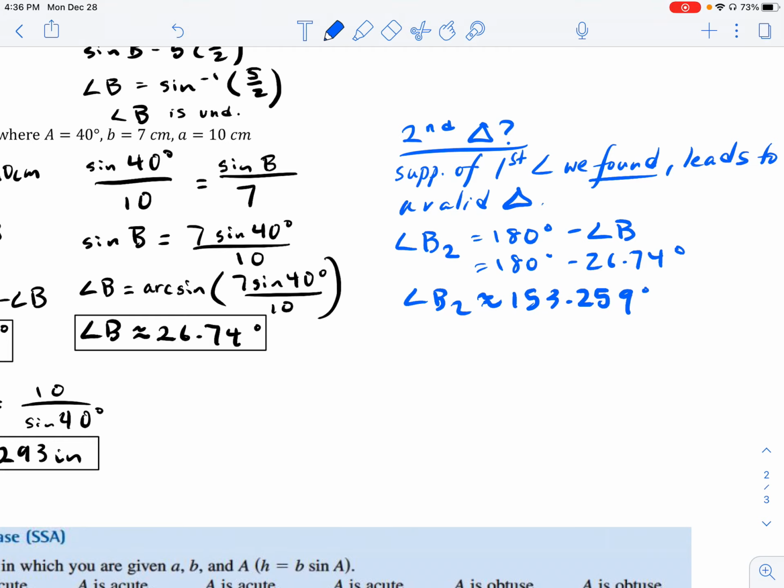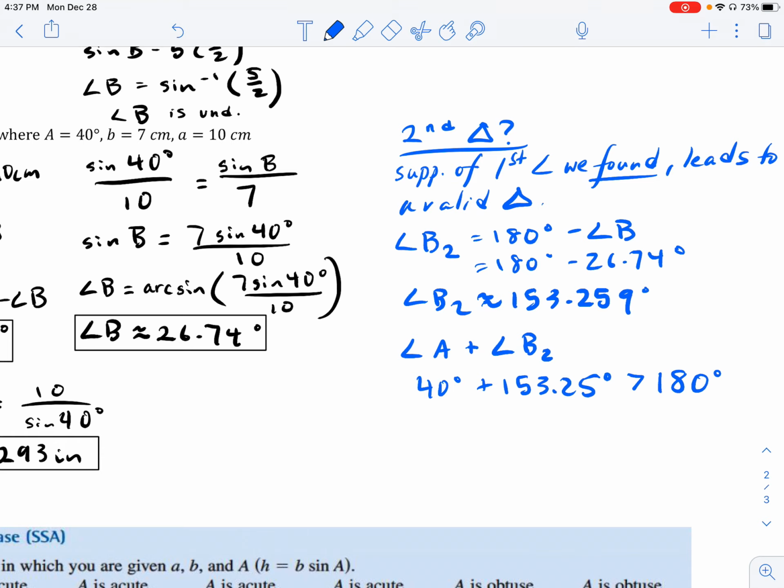But think about it in the context of this whole triangle. We know that angle A that is given to us plus angle B2 that we're saying could be a possibility. Look at what we're seeing with these values. Angle A was 40 degrees. Angle B2 here is 153.259. Already we see that the sum of these two angles is greater than 180 degrees, which is impossible.